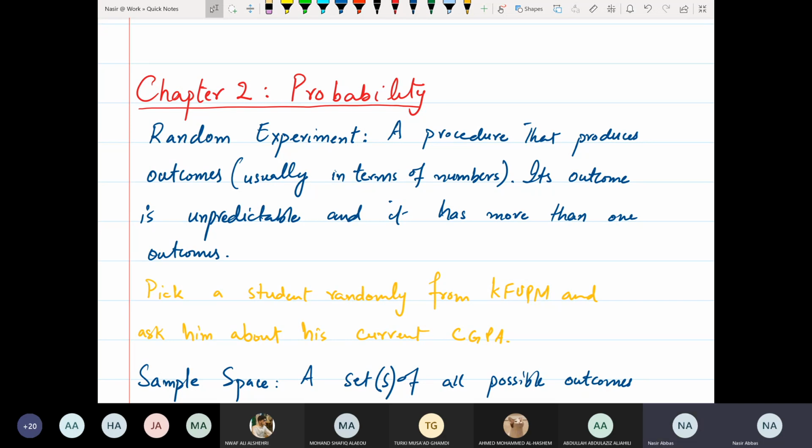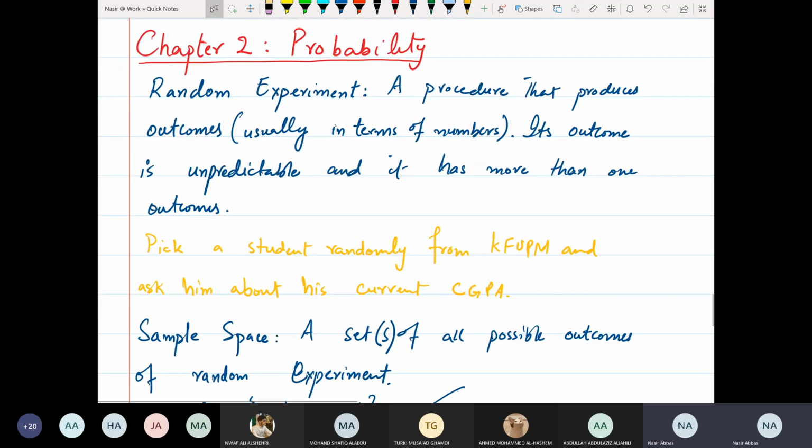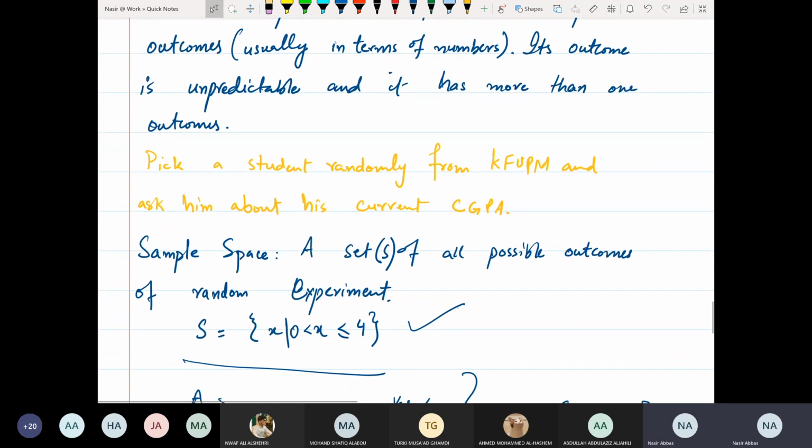In terms of numbers, of course, in this course you will be more interested in numbers. Sometimes not in terms of numbers, but ultimately you are going to convert them into numbers. An example we gave was to pick a student randomly from KFUPM and ask him about his current CGPA. That's a random experiment.